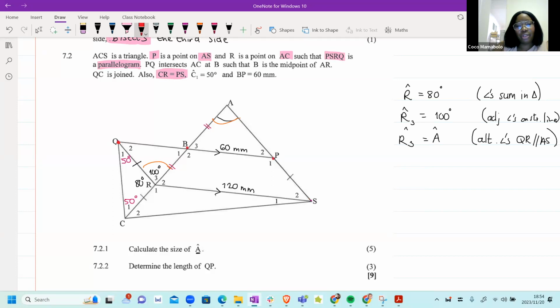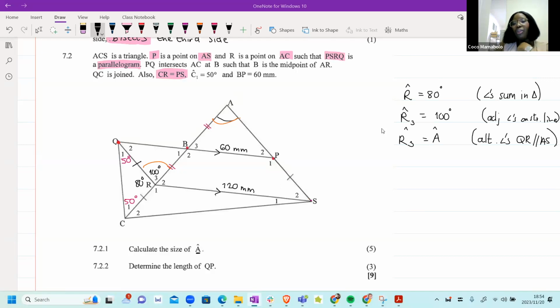Not good enough, we need a little bit more. Good. Opposite sides are equal. Good. Okay, yes, let's formalize it a little bit.